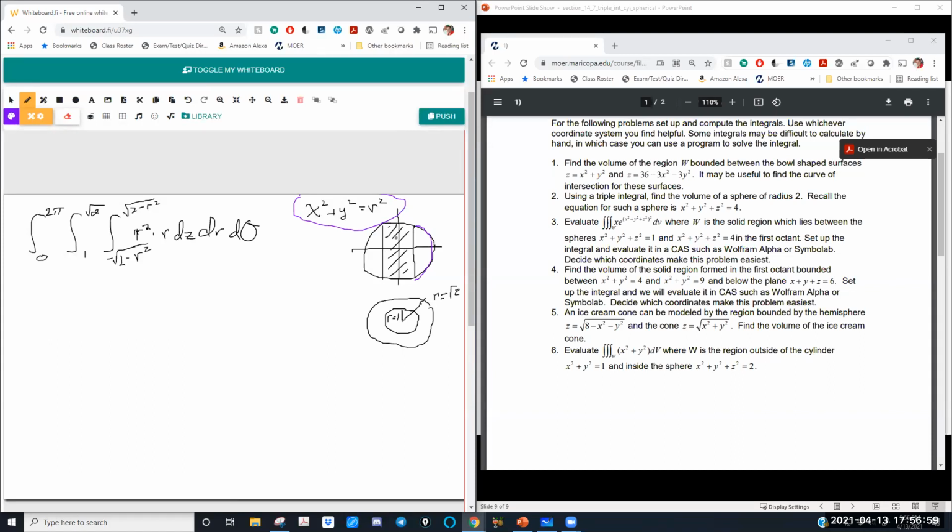That's different than this. Now, where did that show up? Well, right here, because before we had to deal with that circle x squared plus y squared equals 1. Well, now because x squared plus y squared is basically our r squared, we have an r of 1 for the radius of this cylinder.